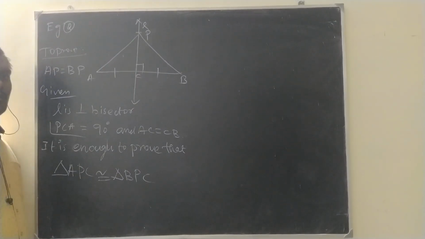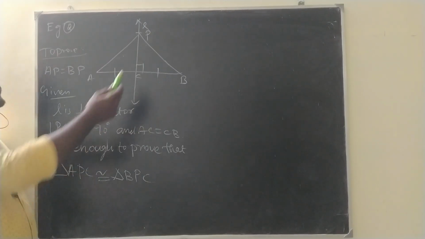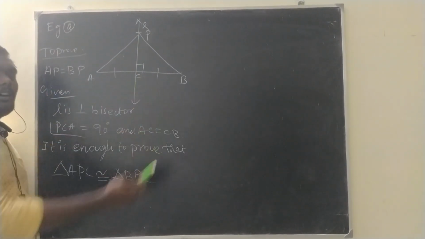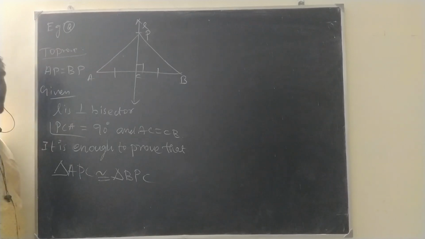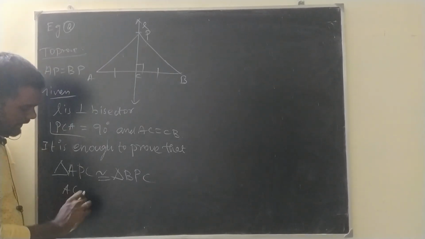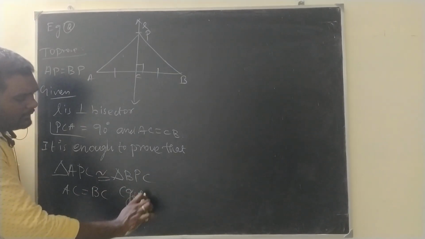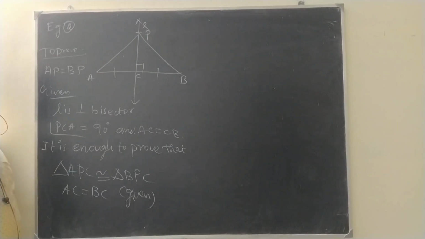Now we will list out what are all the supporting statements for this. So when I say these two triangles are congruent, first you just observe the two triangles. Look for things which are common for both triangles. We know that AC is equal to BC. Why? Because it is given.